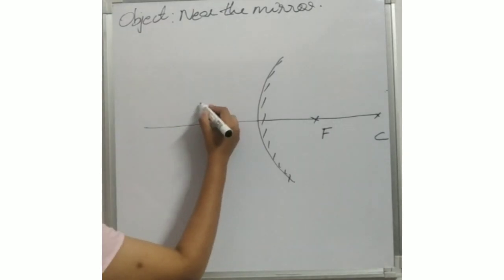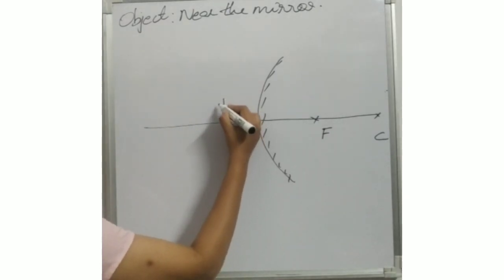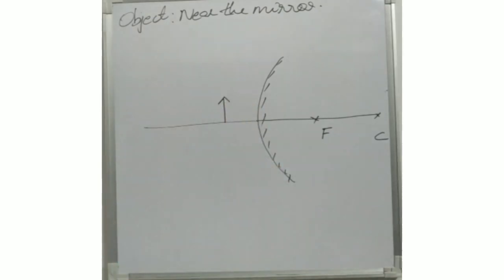Now, if the object is close to the mirror, any two rays we can use here.